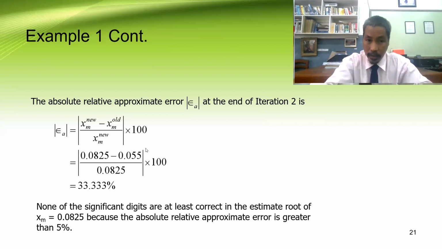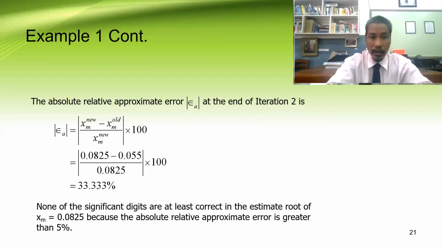That's why it is 5% here. And 5% is smaller than 33. So therefore, 5% represents one significant digit. And since what we calculated here is 33, there is no significant digit correct in our answer.